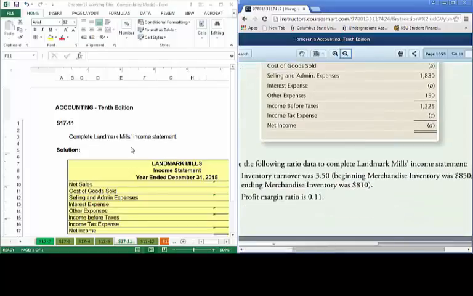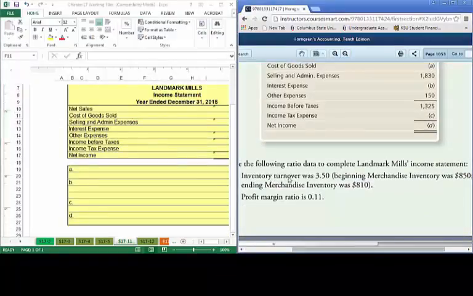So they told us that inventory turnover was 3.5 and gave us beginning and ending merchandise. Okay, so let's take a look at this.